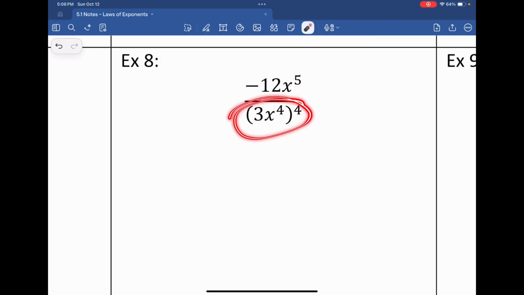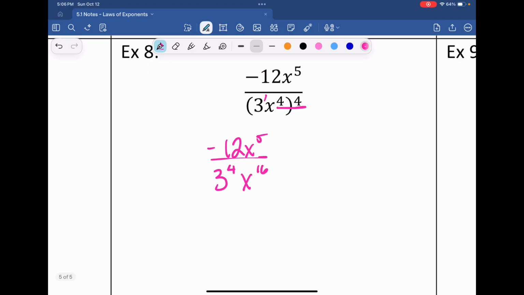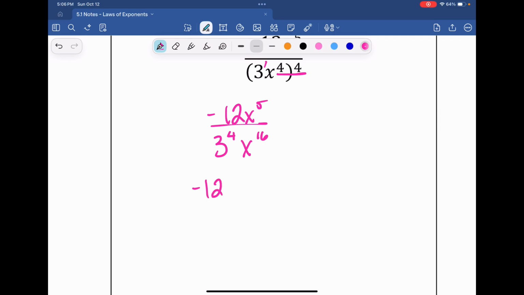Deal with the denominator first, because that's where your power to power is. Power to power, this is a 3 to the 1, so 1 times 4 is 4. And then 4 times 4 is 16. 3 to the 4th is 81.